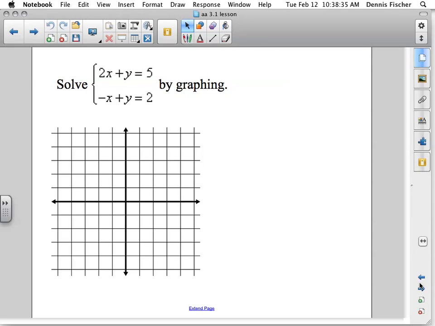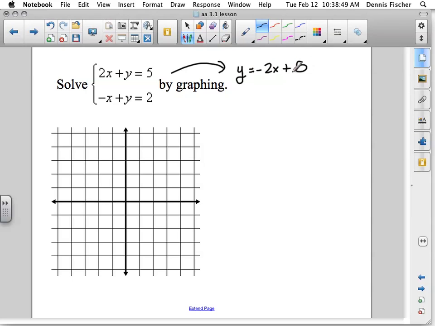Not too real hard. Correct? Graph the first equation.